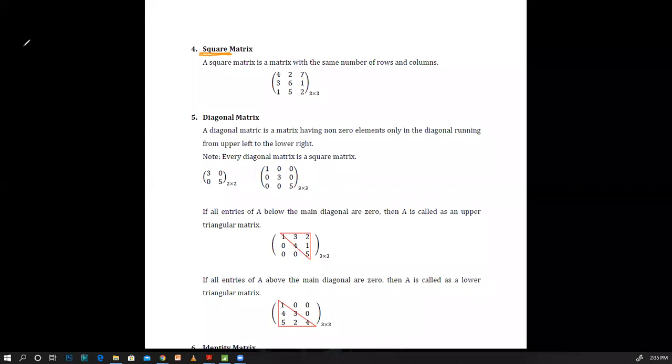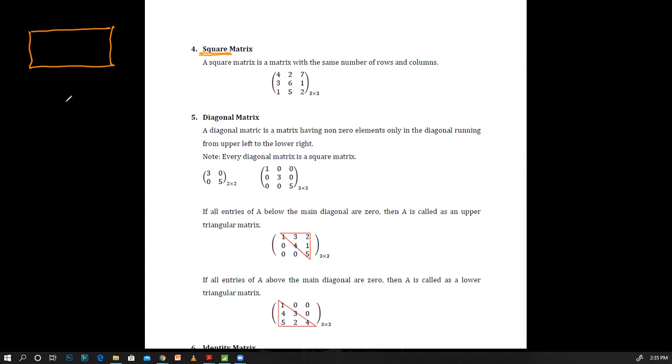Generally we say that a matrix is a rectangular array of numbers, and if all the 4 sides of a rectangle are equal, then such a rectangle is named a square. Now think about this general form of rectangle we are having. If all the 4 sides are equal to each other, then such a shape is meant to be a square.